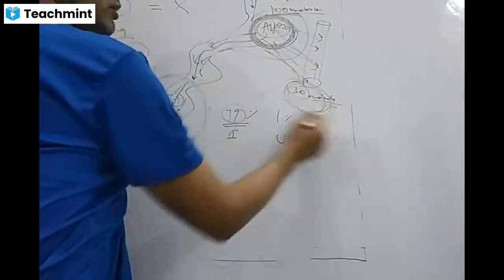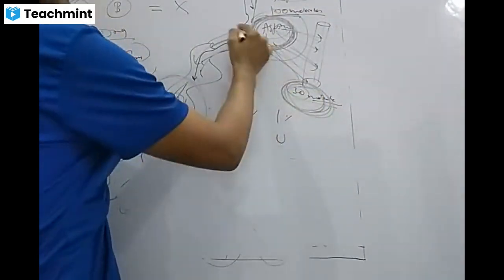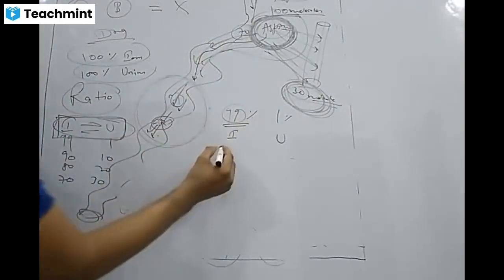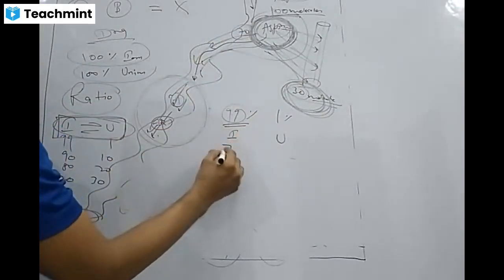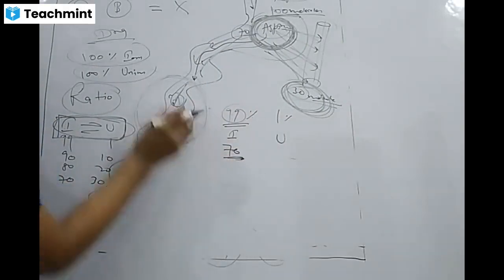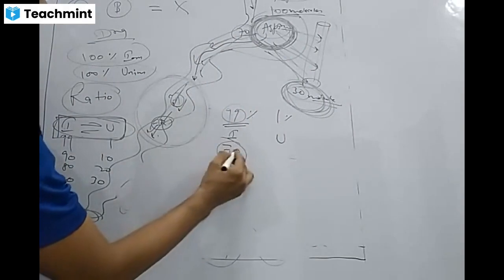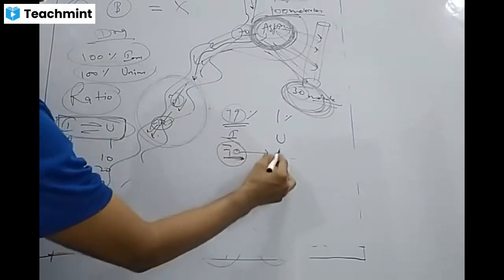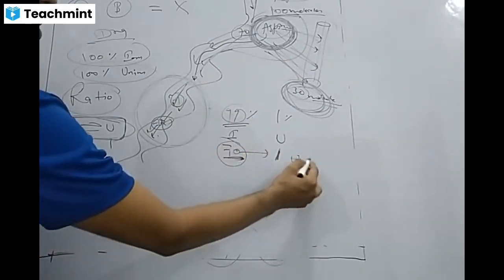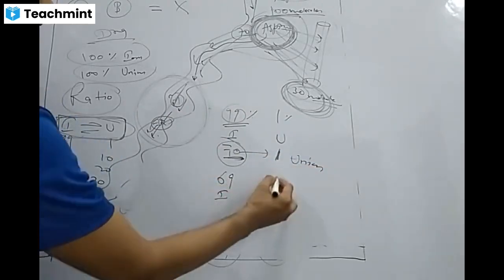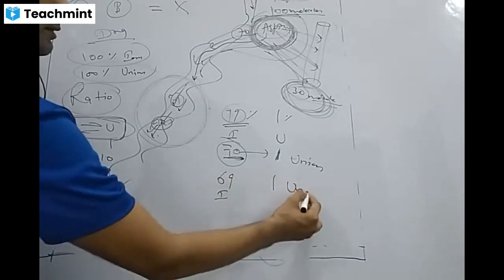Out of 100, 30 molecules were absorbed, 70 remaining, and these 70 move down into the intestine. Out of these 70, one molecule will be unionized, meaning 69 ionized and 1 unionized.